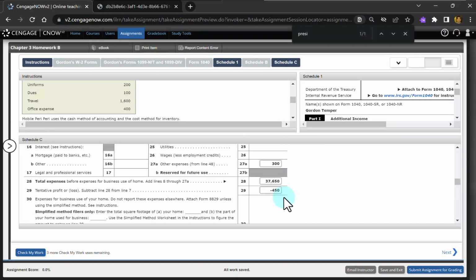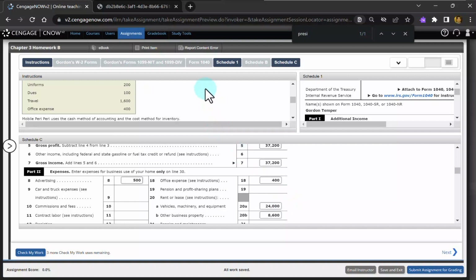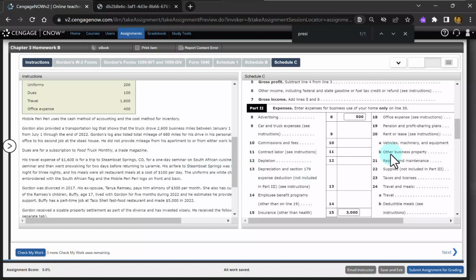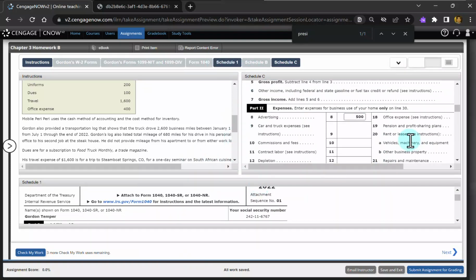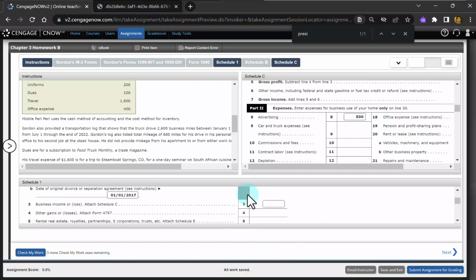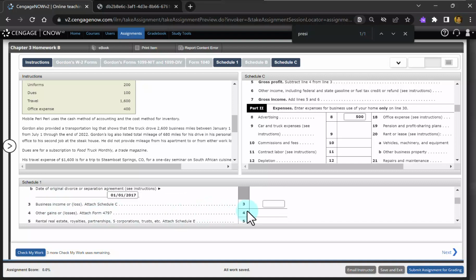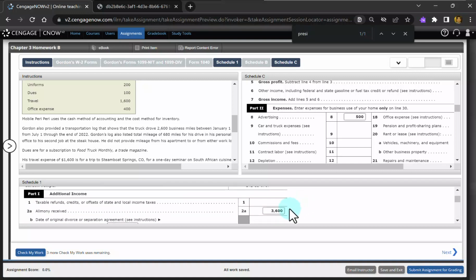I think we're done with this schedule. So let's take that loss and put it on schedule 1. Where's my schedule 1? Here, no. Here, this is schedule 1. And line 3, minus 450. So I have two numbers on schedule 1, the alimony and the business loss.